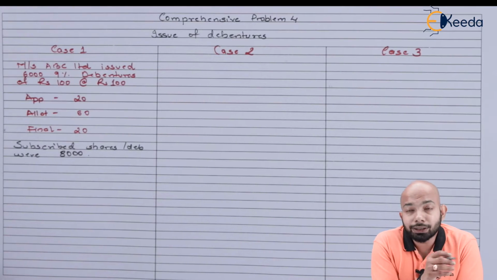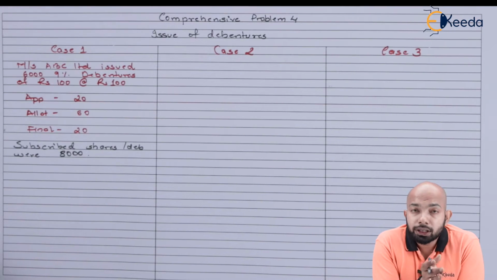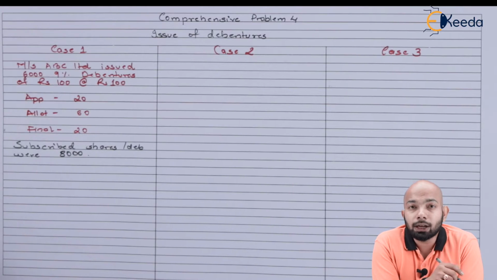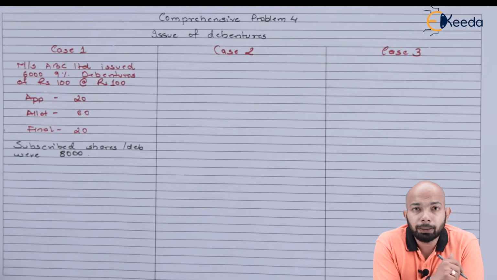Now, the company has mentioned that in case 1, subscribed debentures were around 8,000. That means 2,000 additional. And the company dealt with them in the following manner.